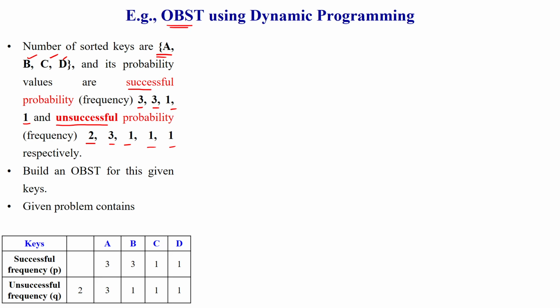When we are trying to identify the binary tree, for example, for four keys I am constructing the tree like this.